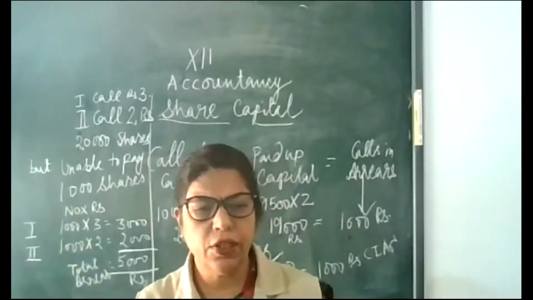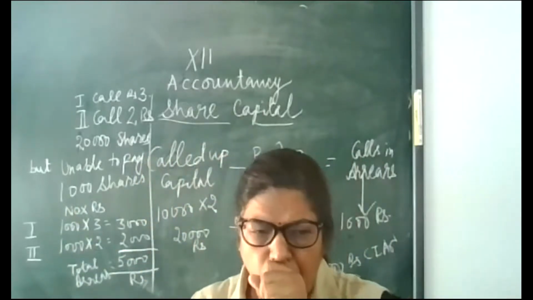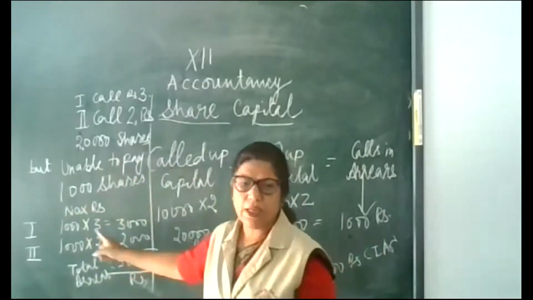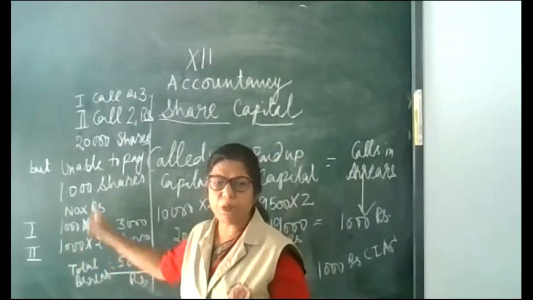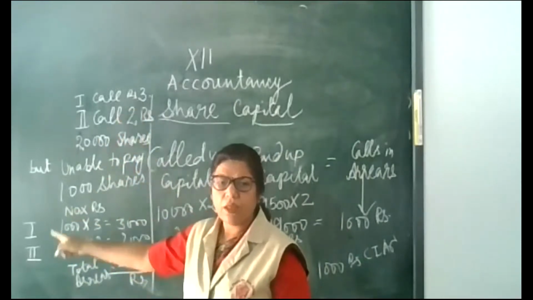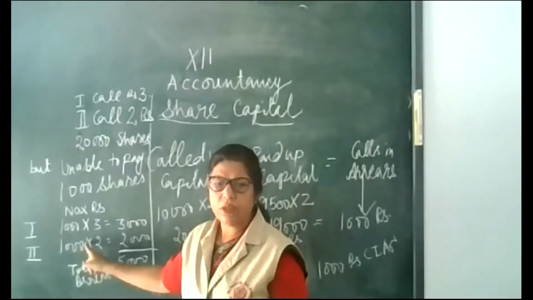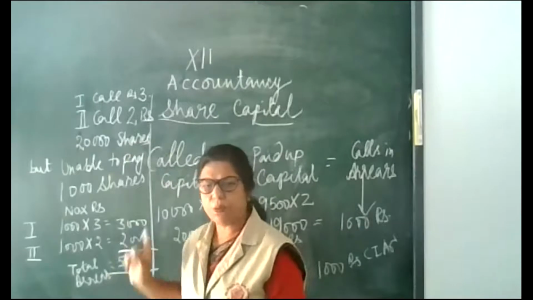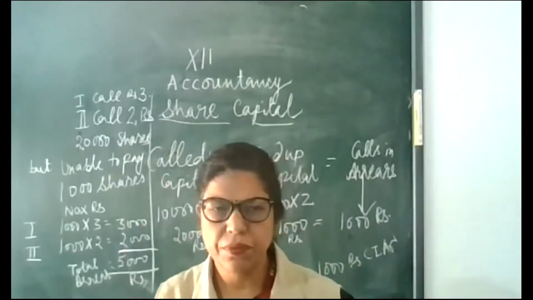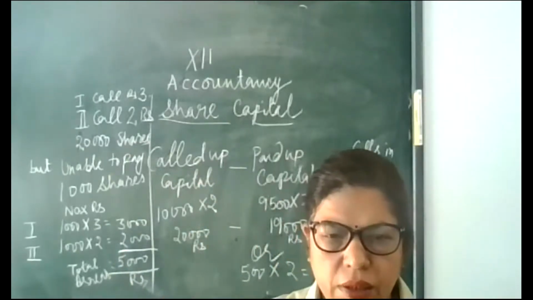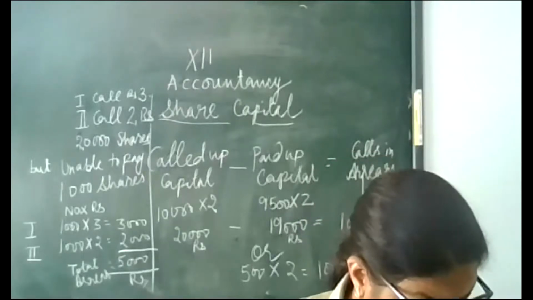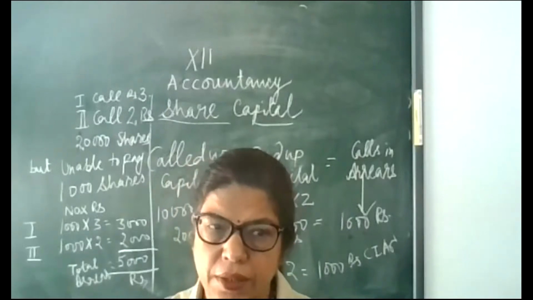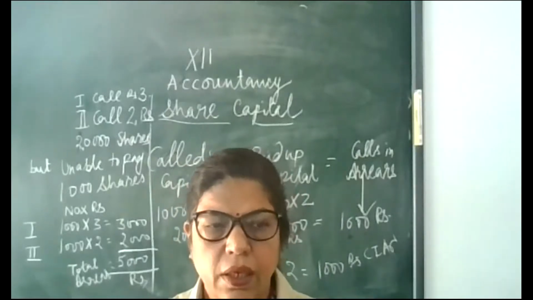Numbers 1,000, rupees 3. Number 1,000, rupees 2. Total arrears 5,000. This is multiple arrears.